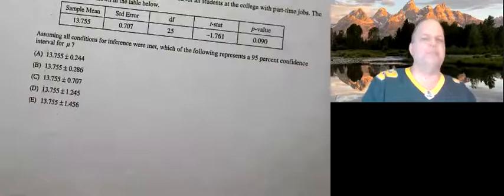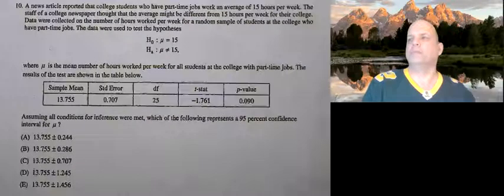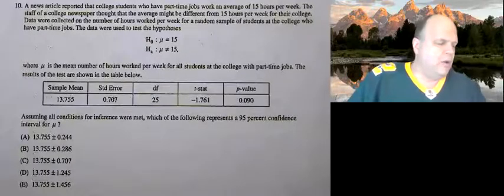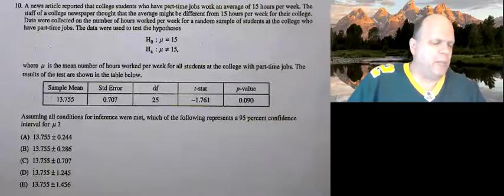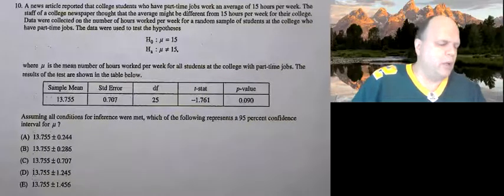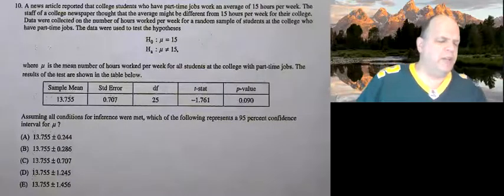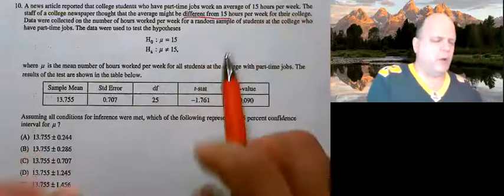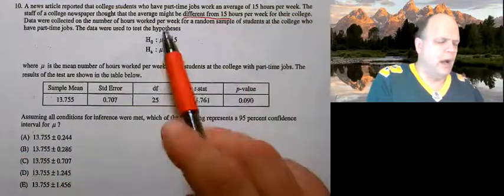Number 10. A news article reported that college students who have part-time jobs work an average of 15 hours per week. The staff of a college newspaper thought that the average might be different from 15 hours per week for their college.